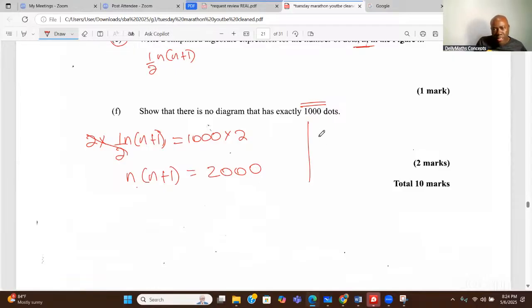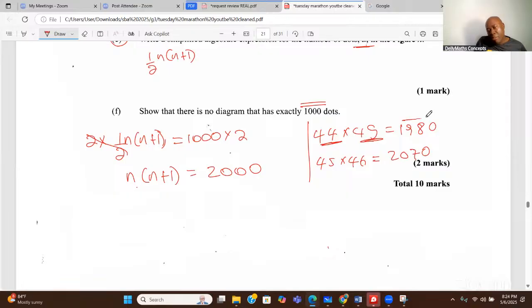Let me just show you what I mean. 44 times 45 gives this. 45 times 46 gives this. Consecutive, because 44 times 45 drops below it, and then 45 times 46 goes over it, so there is none.